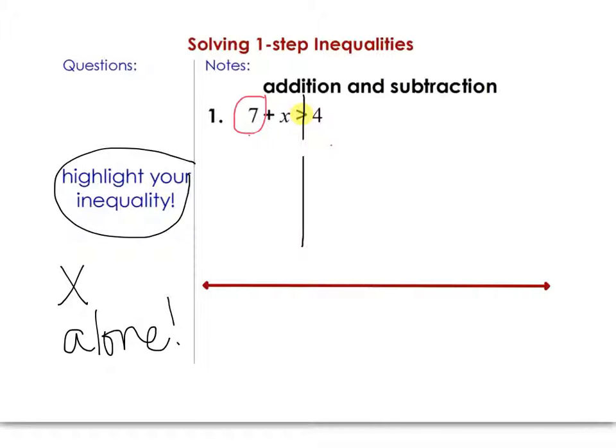Well, I could subtract 7 from both sides. So positive 7 minus 7 gives me 0. I'm left with a positive x is greater than negative 3.